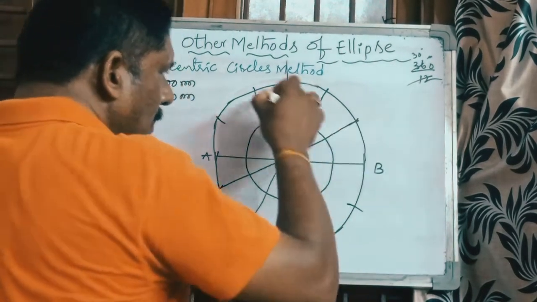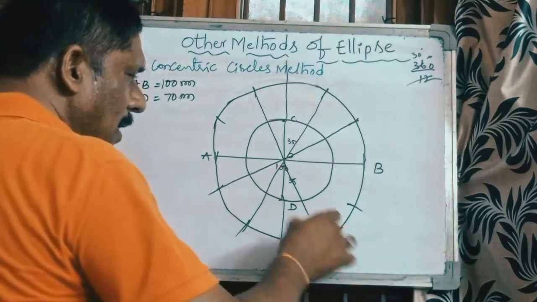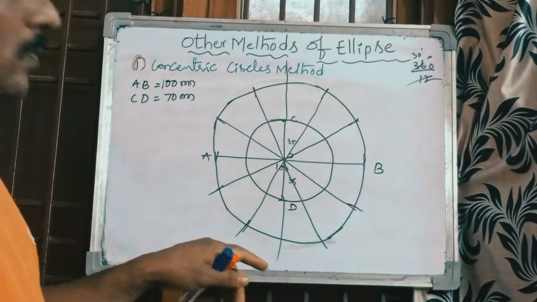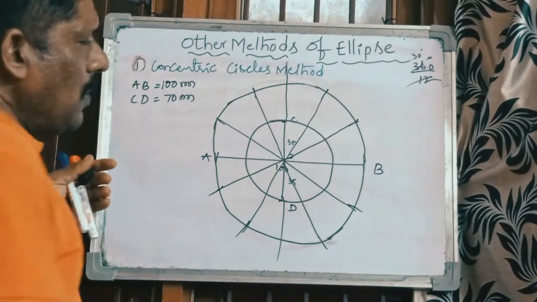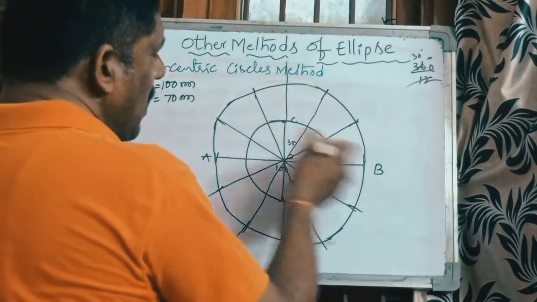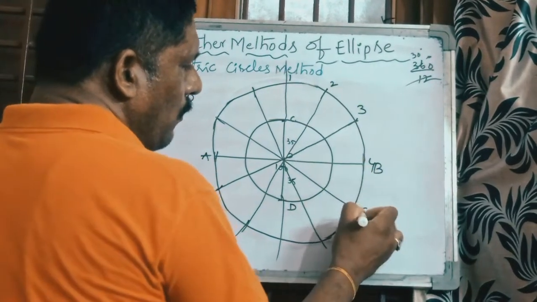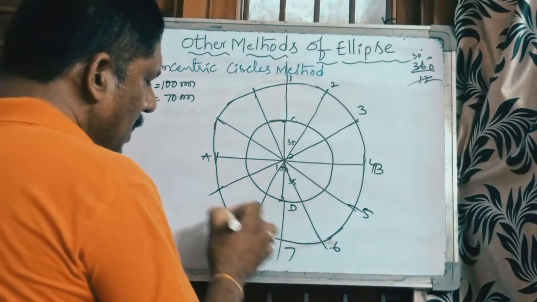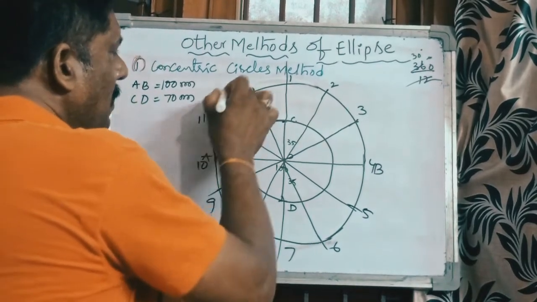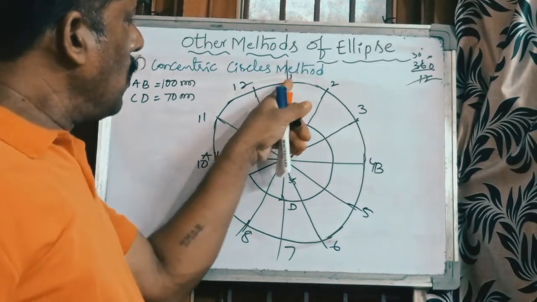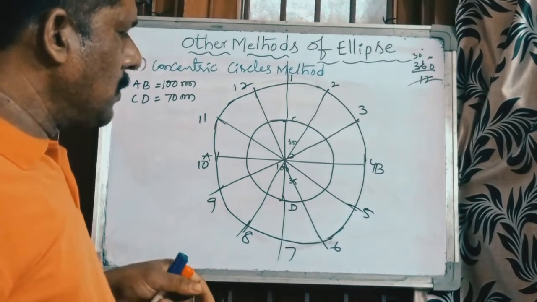These are the 12 equal parts. You can start the numbering from either side. Assume 1, 2, 3, 4, 5, 6, 7, 8, 9, 10, 11, 12. So 12 equal parts.